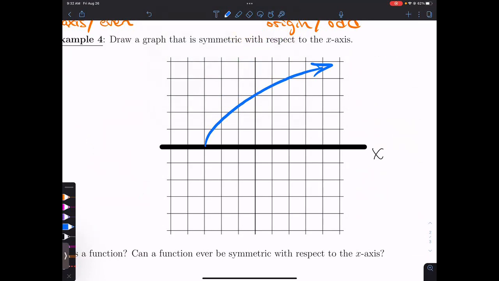So the mirror image of that would look something like that, right? It doesn't have to be this picture, but something where the x-axis acts like the center, just like we've been talking about with the y-axis, just turning it on its side. Okay, so there's a thing that has x-axis symmetry.